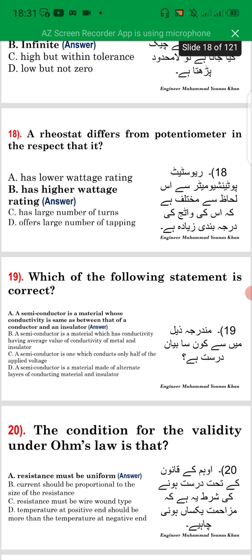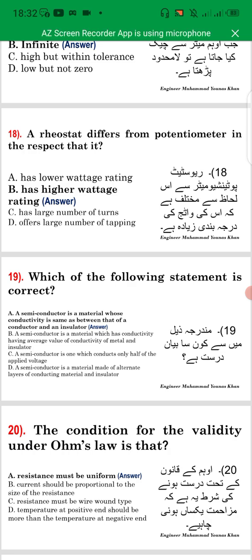Question number 19. Which of the following statements is correct? A: A semiconductor is a material whose conductivity is between that of a conductor and an insulator. B: A semiconductor is a material which has conductivity of average value of conductivity of metal and insulator.